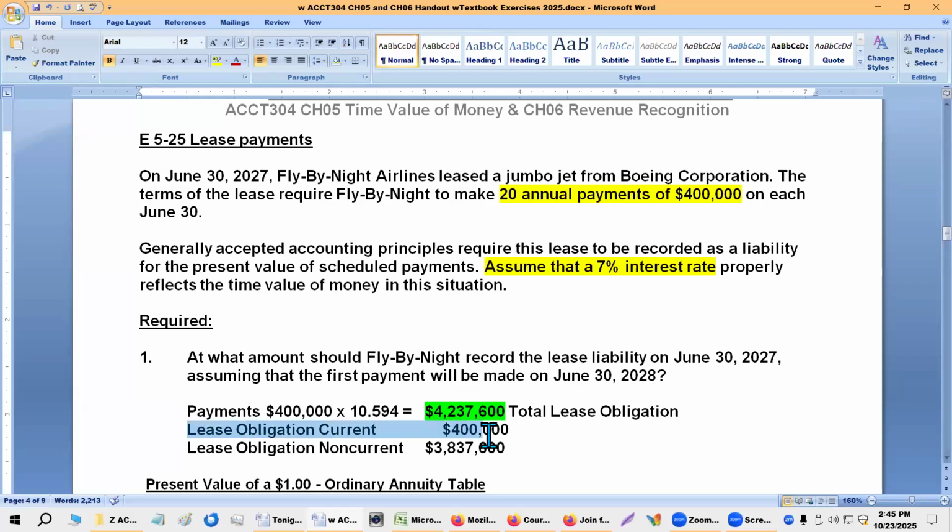Okay, so we're going to break these up into these two components. So this will be the short term, will be the 400,000 we're going to pay next year, and then the rest of this will be paid in the future.